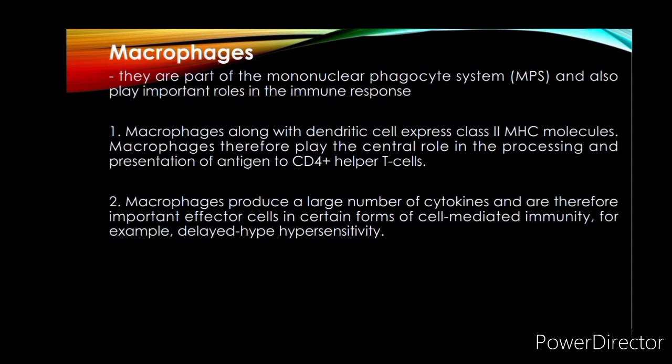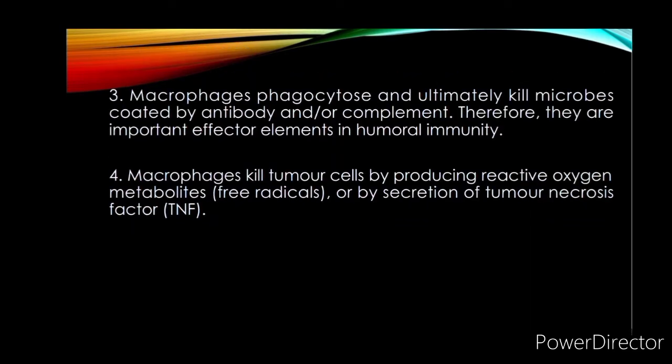So these cytokines not only influence T and B cell function, but also affect other cell types, including the endothelium and fibroblast. Next one, macrophages phagocytose and ultimately kill microbes coated by antibody and or complement.